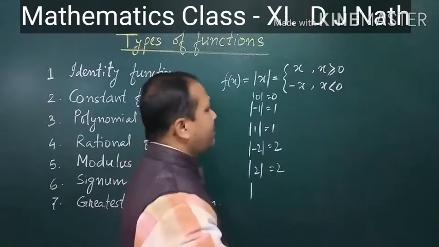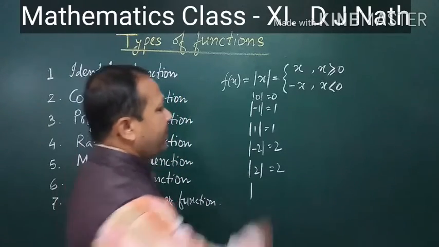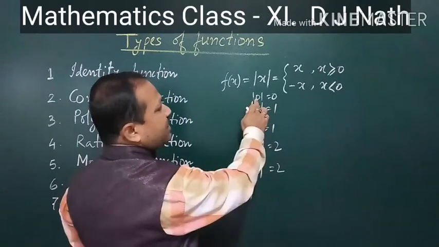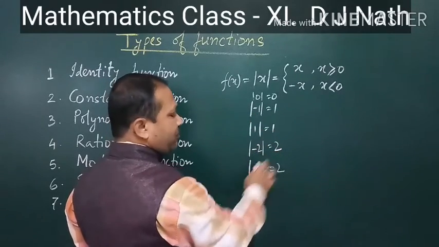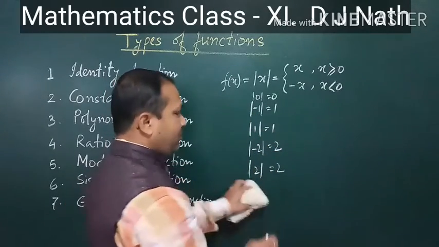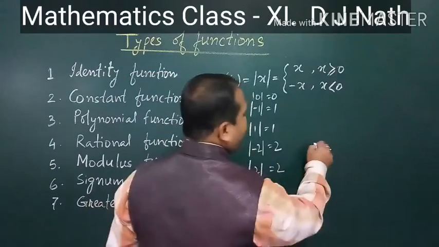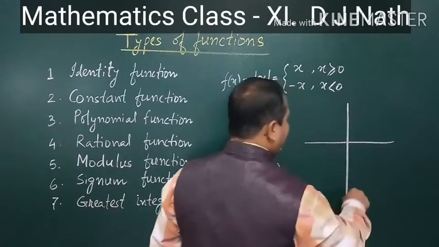Okay. So how will this graph be? Here, what are the points? 0, 0; minus 1, 1; 1, 1; minus 2, 2; 2, 2. It is 2 only. So how will this graph be if we draw the graph of this?